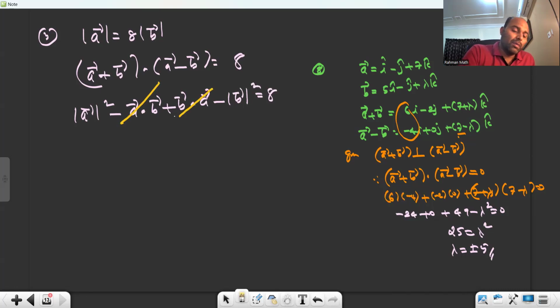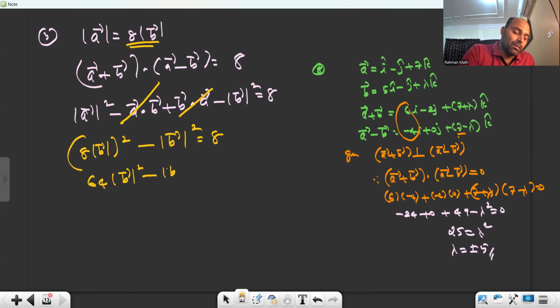You can cancel A dot B and B dot A. Magnitude A is 8 times magnitude B, so 64 magnitude B square minus magnitude B square equals 8. 63 magnitude B square equals 8, so magnitude B square equals 8 by 63.